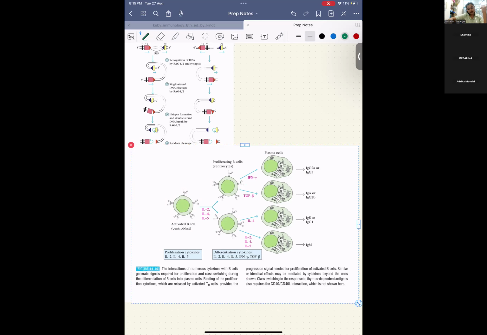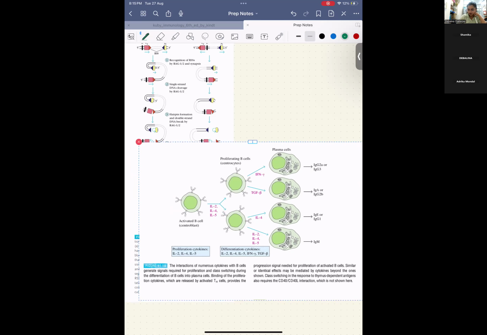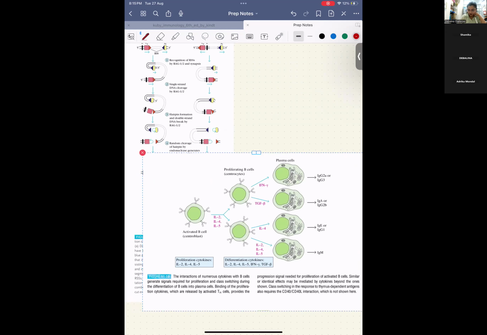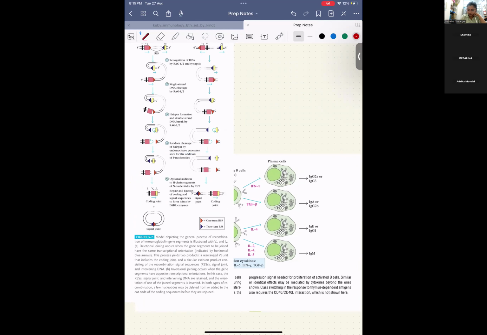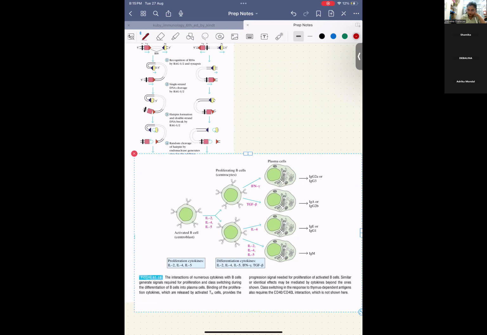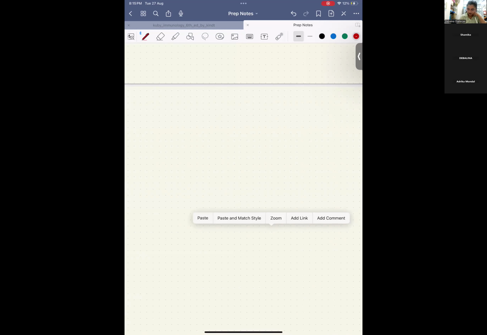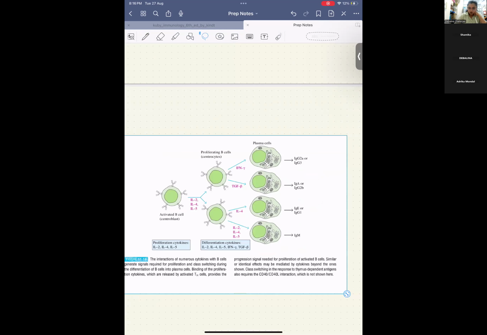So which cytokine is being produced is going to guide the differentiation of your centroblast into different types of cells.